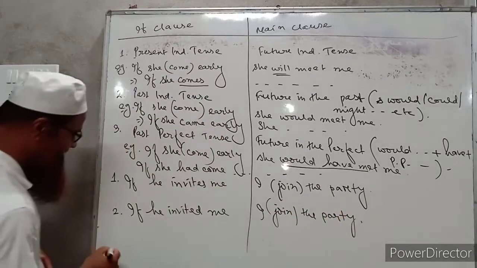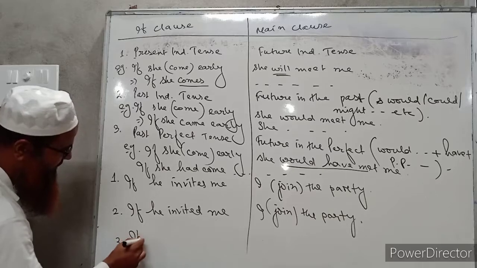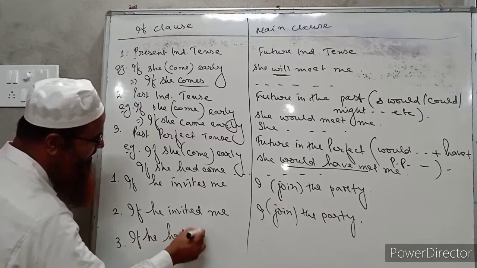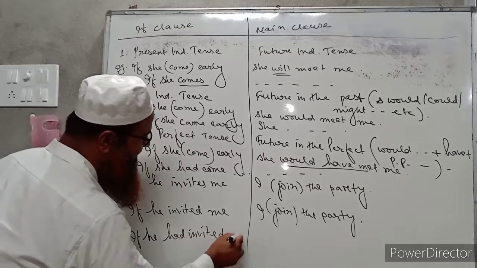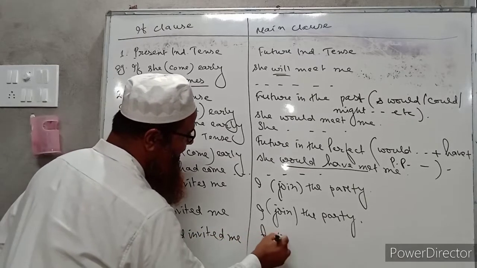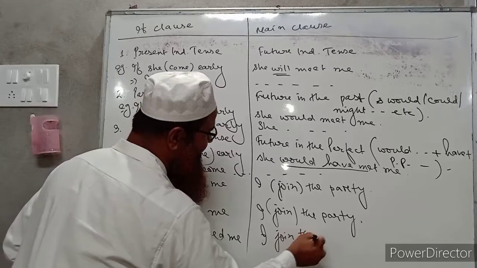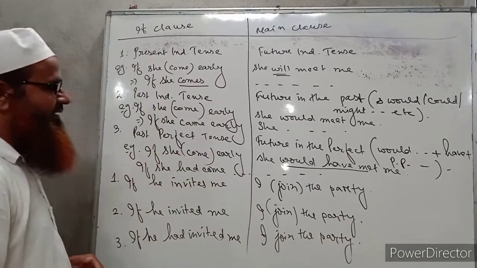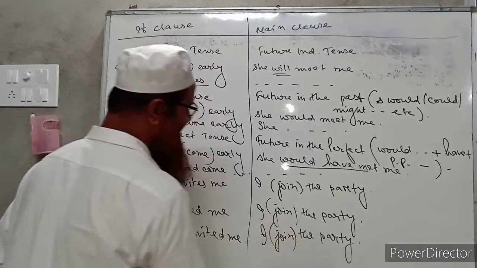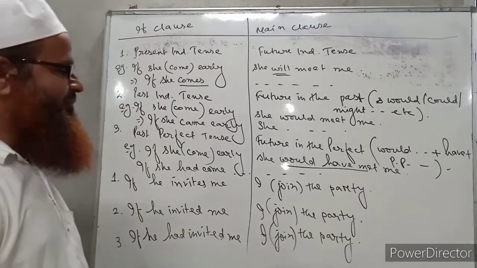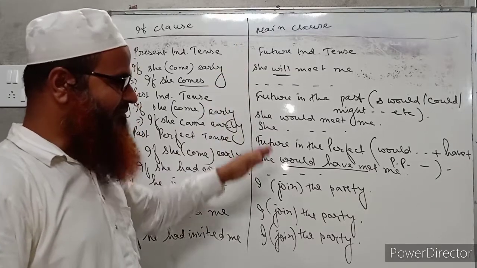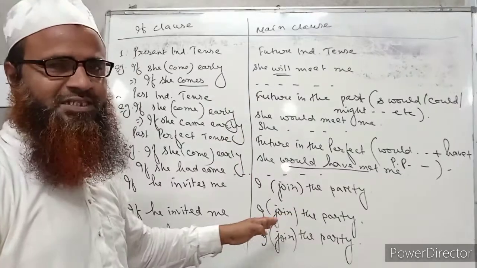Again I am writing, if he had invited me, I join the party. So I have written here three sentences, and all three sentences are the same, and the bracket has been put at the right side on the main verb of the main clause or the principal clause.